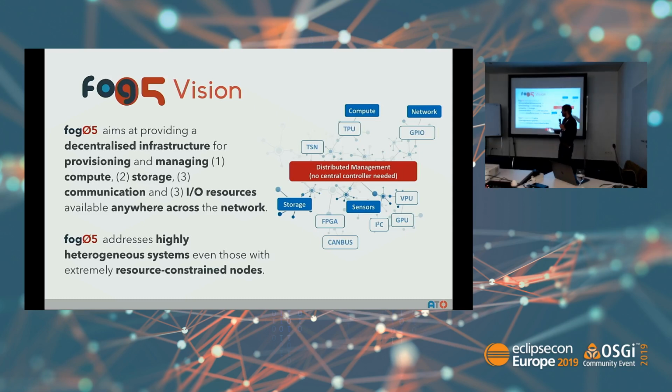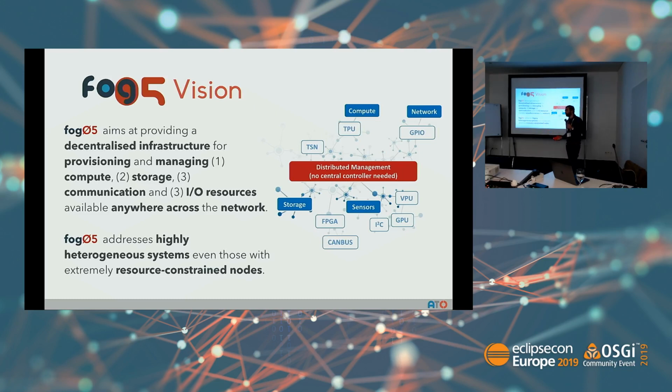So the goal of fog05, as said, is to provide this abstraction. It's abstraction in the sense that you need to provision and manage applications in this heterogeneous infrastructure, heterogeneous in terms of compute, storage, communication, I/O, and not only that, also in terms of the application you want to deploy. Because if you think about the cloud, you usually have VMs or containers nowadays.